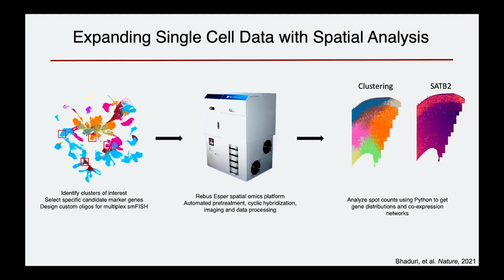One strategy that we wanted to use to further interrogate this data was validation in a spatial landscape. For this particular project, we collaborated with a company called Rebus, which has a spatial omics platform in which their optics allow for very fast imaging. It is a probe-based method, and we were able to look at 31 probes simultaneously.